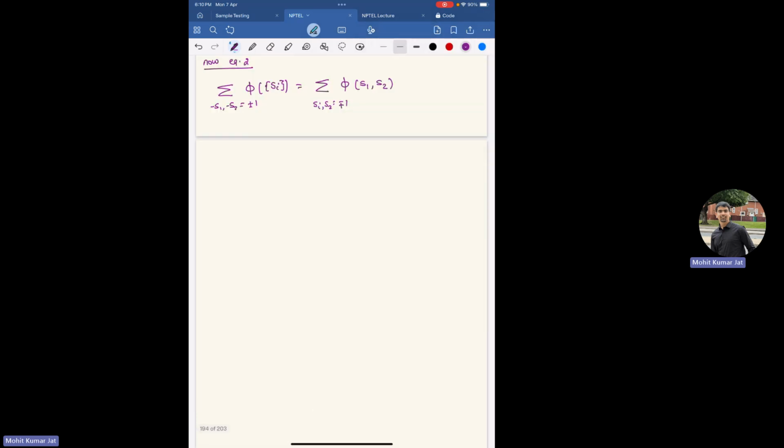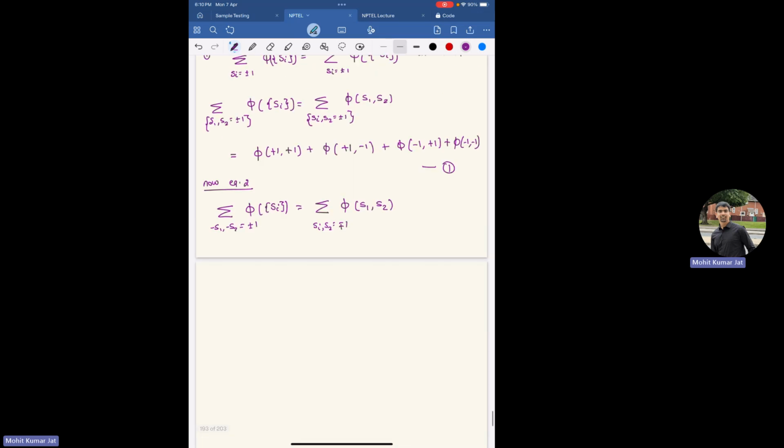Now let's substitute the values: phi minus 1 minus 1, plus phi minus 1 plus 1, plus phi plus 1 minus 1, plus phi plus 1 plus 1.